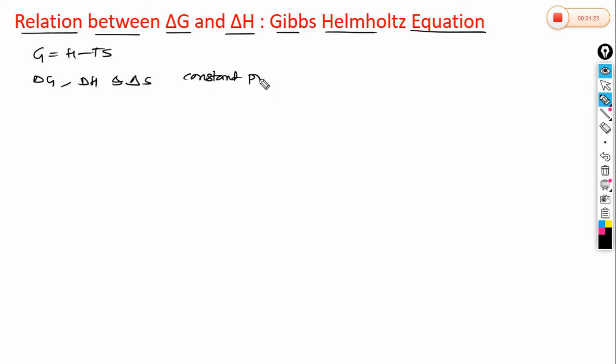This relation, which gives the relationship between all these three, is known as the Gibbs-Helmholtz equation, and this is an important relation in chemical thermodynamics.